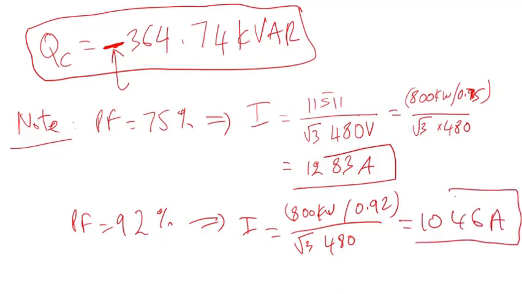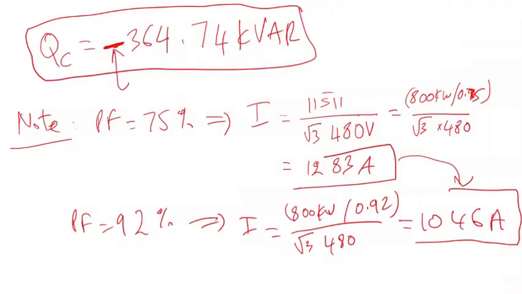So you see the total current was reduced by correcting the power factor, from 1283 to 1046 amps. That's one observation. The current was reduced by about 18.47%.